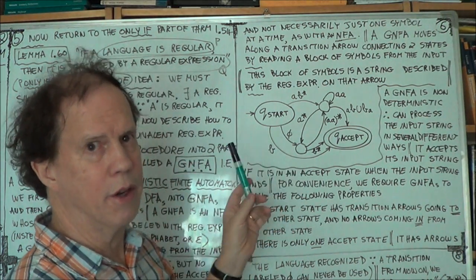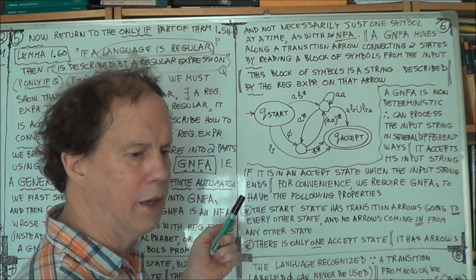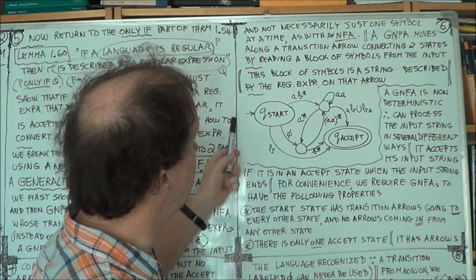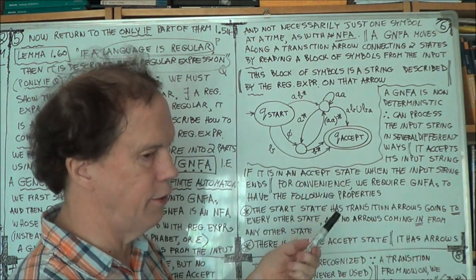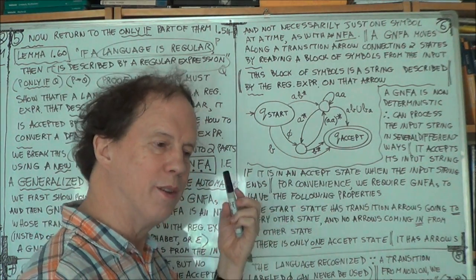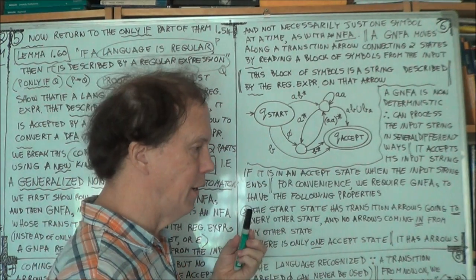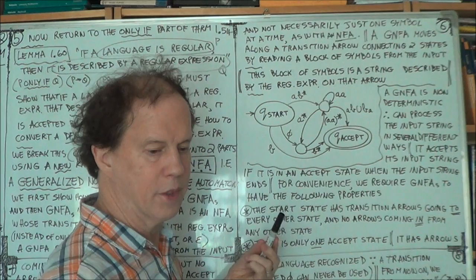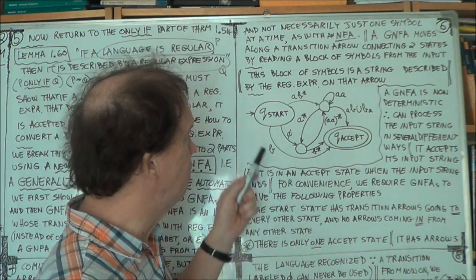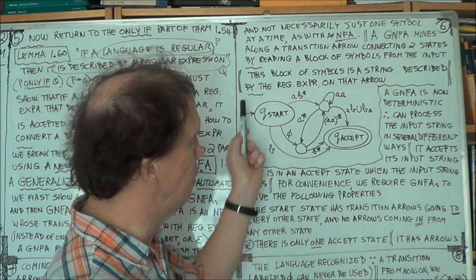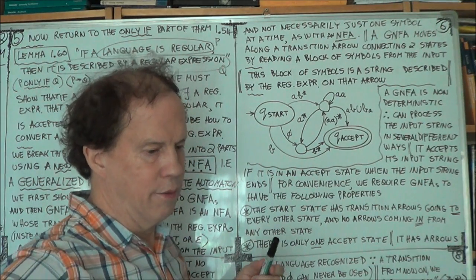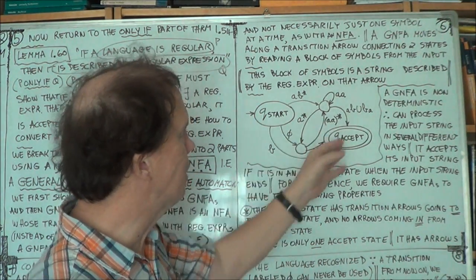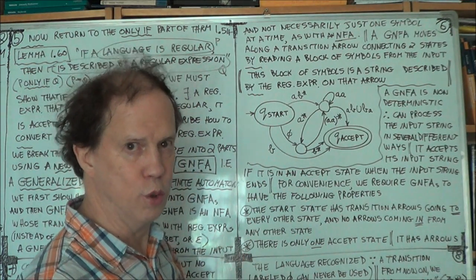So that gives you an overview of what a GNFA is, but there are complications. To make the use of a GNFA convenient, there are certain restrictions, properties, constraints, if you like, put on this GNFA that are very helpful. They make this GNFA much easier to use.